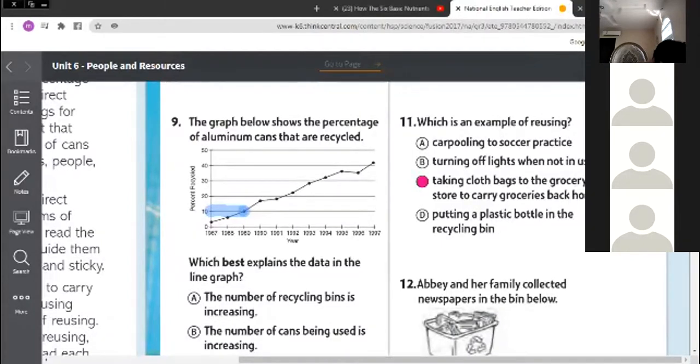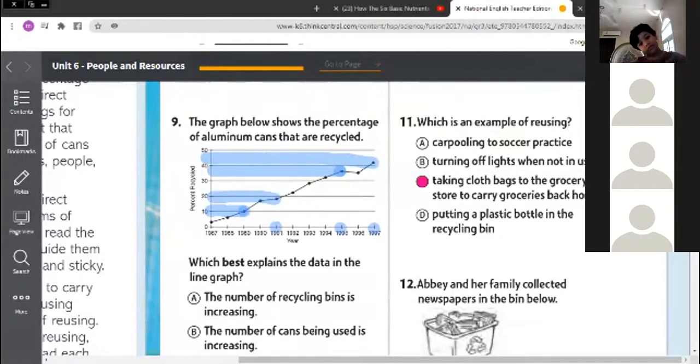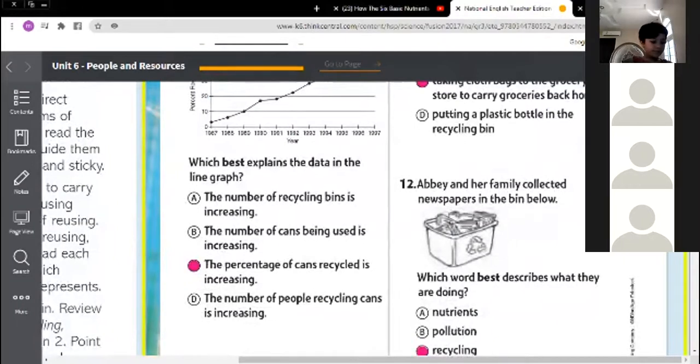In year 1991, the percentage is 20%. So it's increasing or decreasing? Increasing, right? In year 1995, it's about 40%. In 1997, it's about 45%. So now we can say that the percentage of cans recycled is increasing.